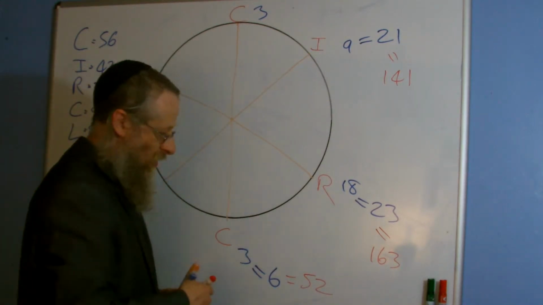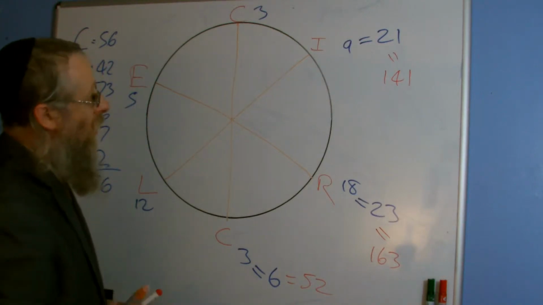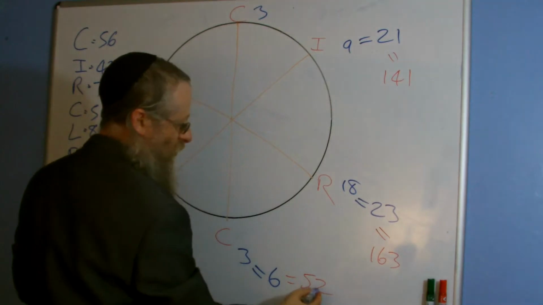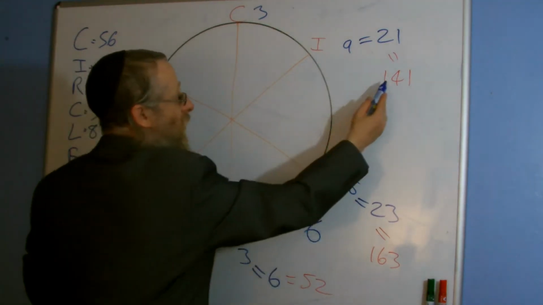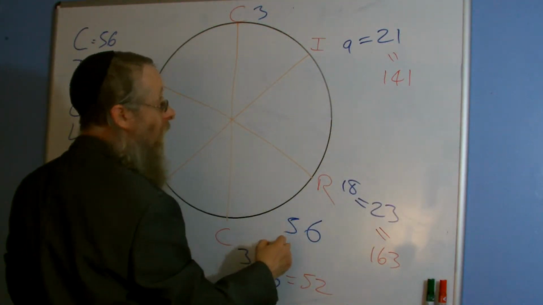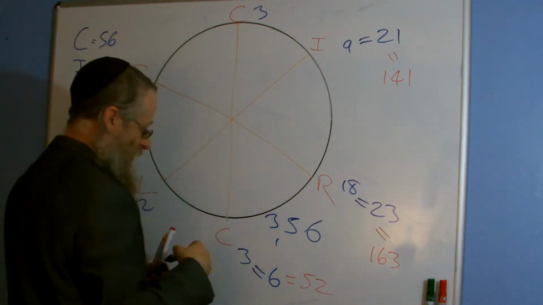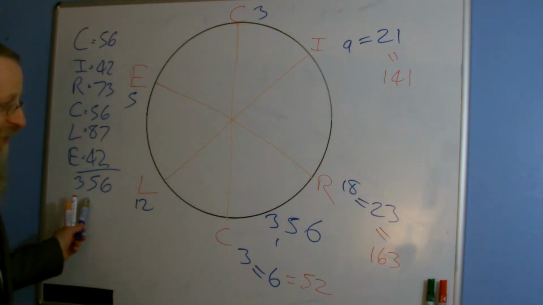Now I add those three numbers together, and I get 1 plus 3 is 4, plus 2 is 6, so I've got 6. 4 plus 6 is 10, plus 5 is 15. 1 plus 1 is 2, plus 1 is 3. What have I done? I've got the same number as I had with the circle for the large value.